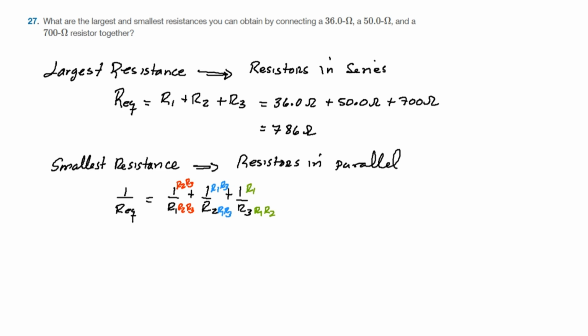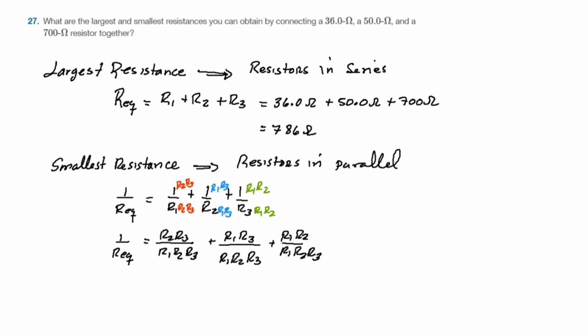What happens? Now you have that 1 over the equivalent resistance is R2 R3 over R1 R2 R3, plus R1 R3 over R1 R2 R3, plus R1 R2 over R1 R2 R3. So I just found the least common denominator R1 R2 R3.